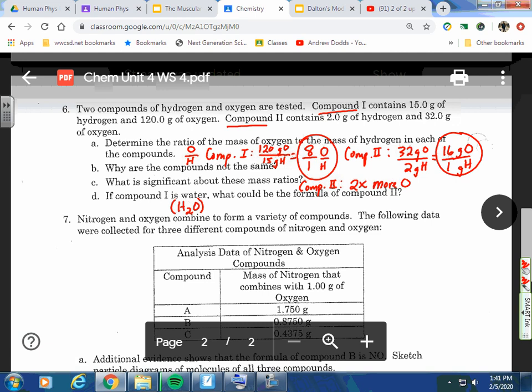I'm going to keep the same amount of hydrogen, but I'm going to double the oxygen. What's that? Right, so if I have 1 oxygen in water, and I know compound 2 has twice as much, H2O2, which we call hydrogen peroxide. Okay? Good with that?